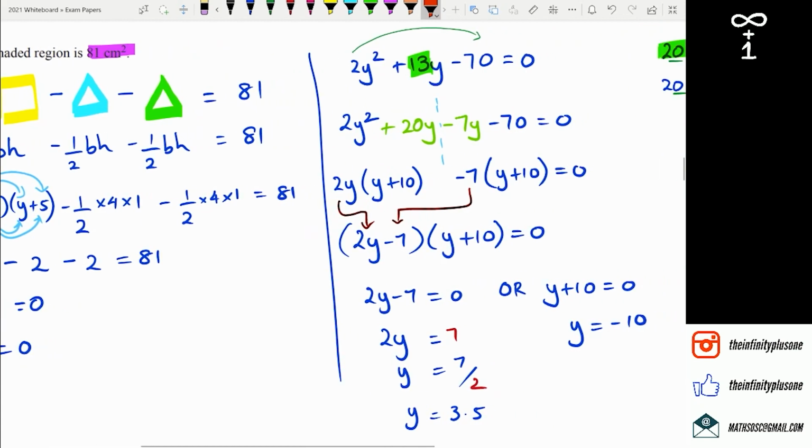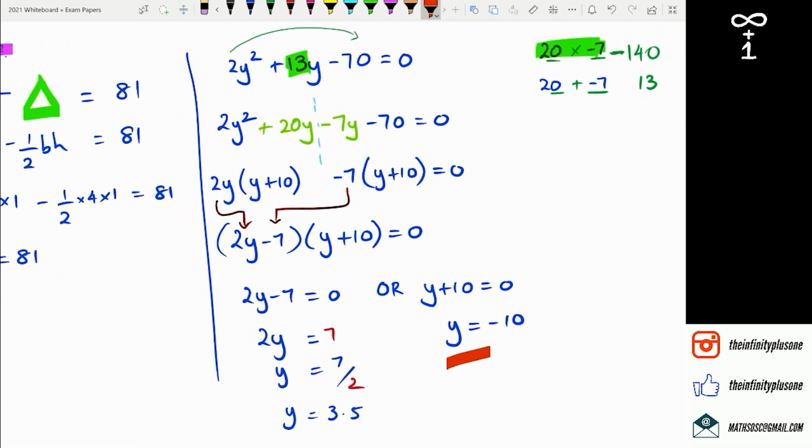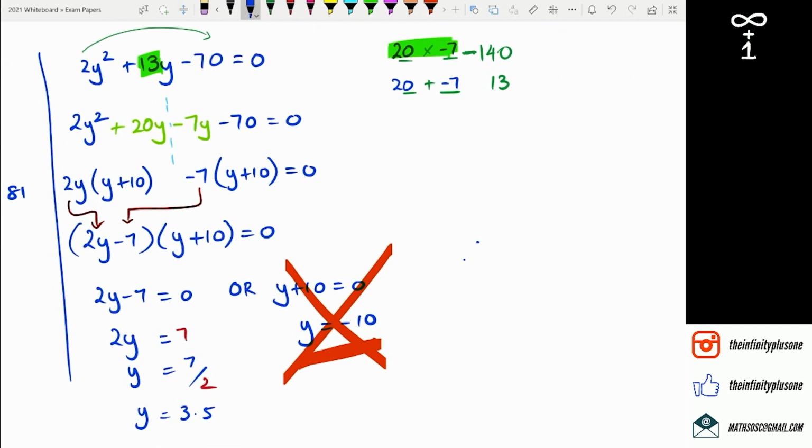That means if I have y minus 10, negative 10 plus 5, it's actually not going to work. So this answer is definitely not going to work. So we need to say, therefore, y is equal to 3.5 centimeters, as y can't be negative, because it'd be saying negative 5 centimeters.